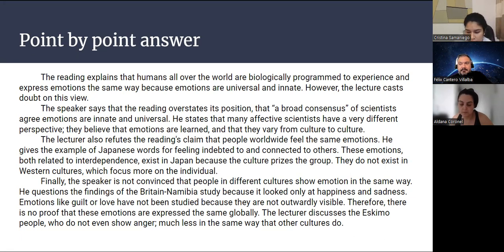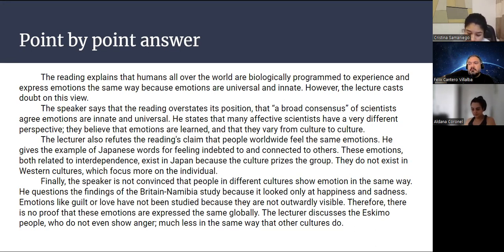First of all, the biologist Charles Darwin theorized that emotions are a product of natural selection. And our ancestors developed emotion as an evolutionary thought. Now, the researchers conclude that emotions are an evolutionary adaptation, innate to the human being.